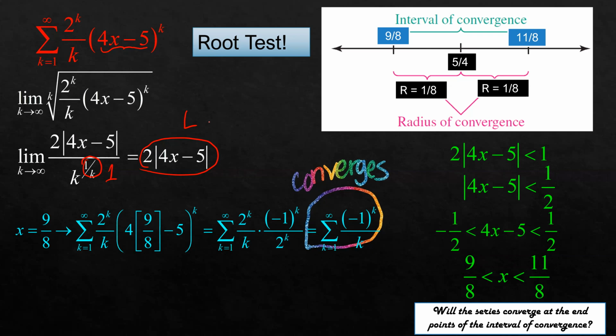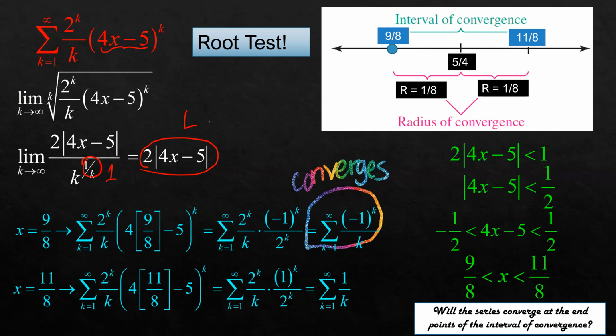At 11/8, the other endpoint to the right, we plug in 11/8 for x, simplify, clean up, and we end up with a harmonic series, and that we know diverges. So closed on the left, open on the right, the interval goes from 9/8 to 11/8.